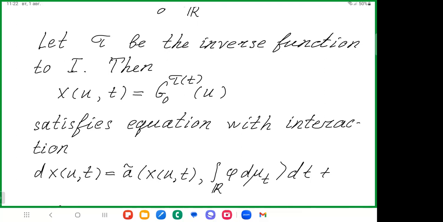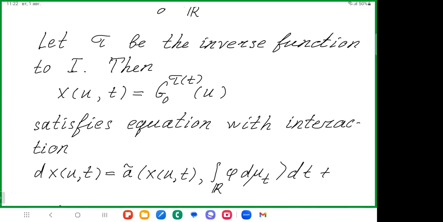If we collect a lot of weight, we move slowly. If we collect less weight than in other points, we move faster. So this is the idea of how one can get an equation with interaction from the usual stochastic differential equation.